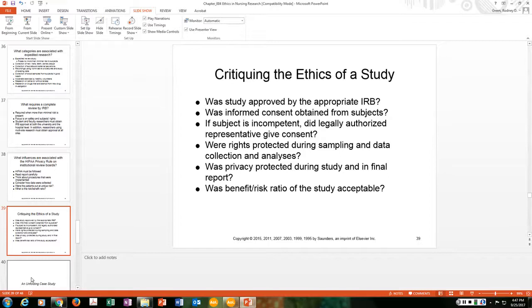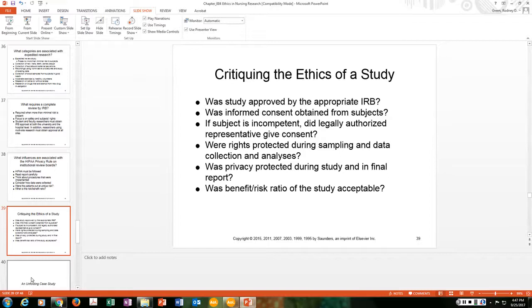Okay, so what we've covered this afternoon is taking a look at the ethics involved in nursing research. And at this point, you are a consumer of nursing research.